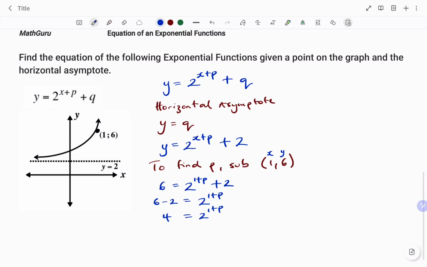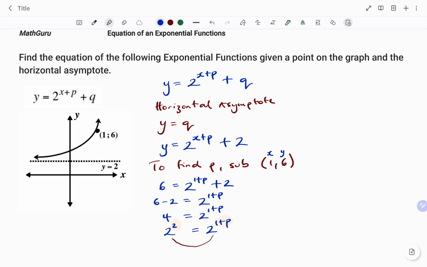The next step, I'm going to change my 4 to a base of 2, and that is going to be 2 squared equals 2 to the power of 1 plus p. And because the bases are the same as shown, applying the laws of exponents, what that means is the exponent 2 must be equal to 1 plus p.